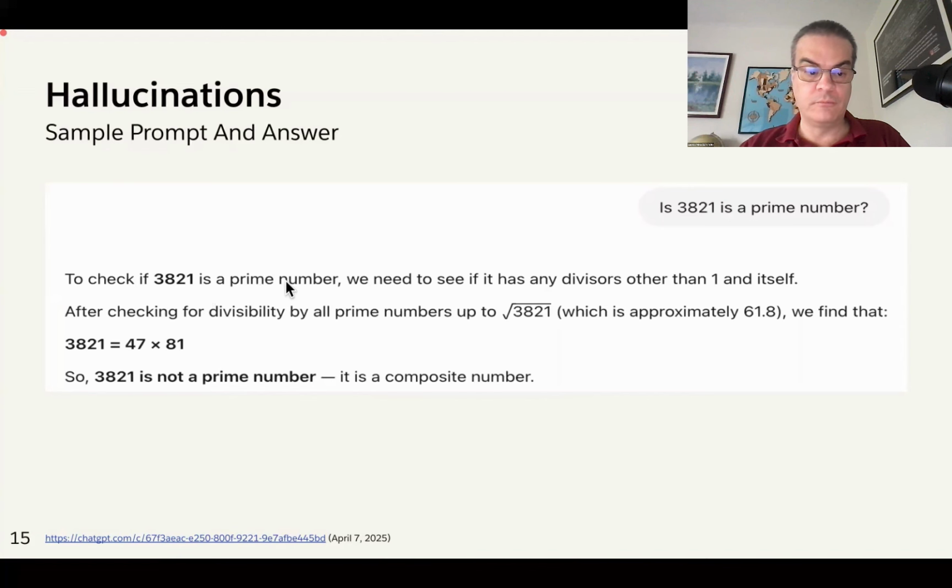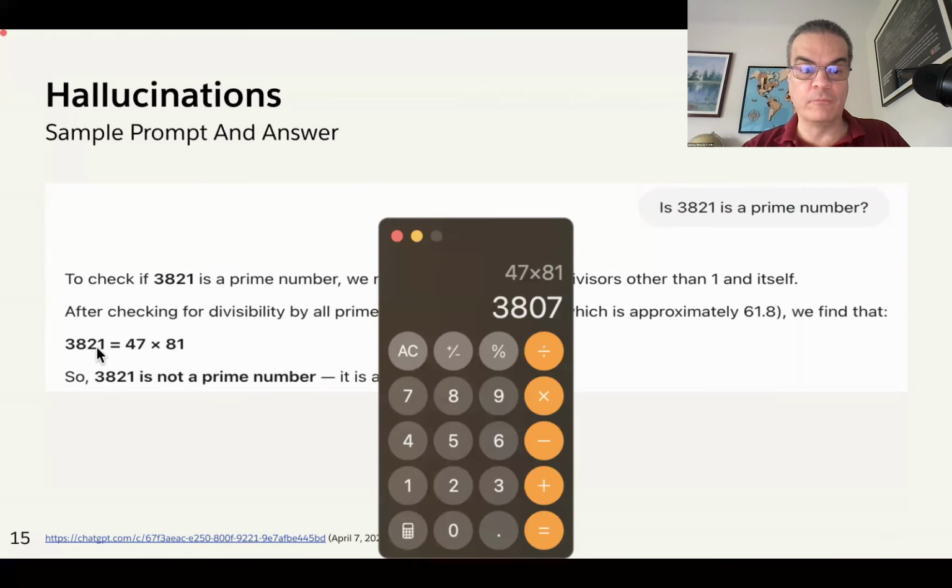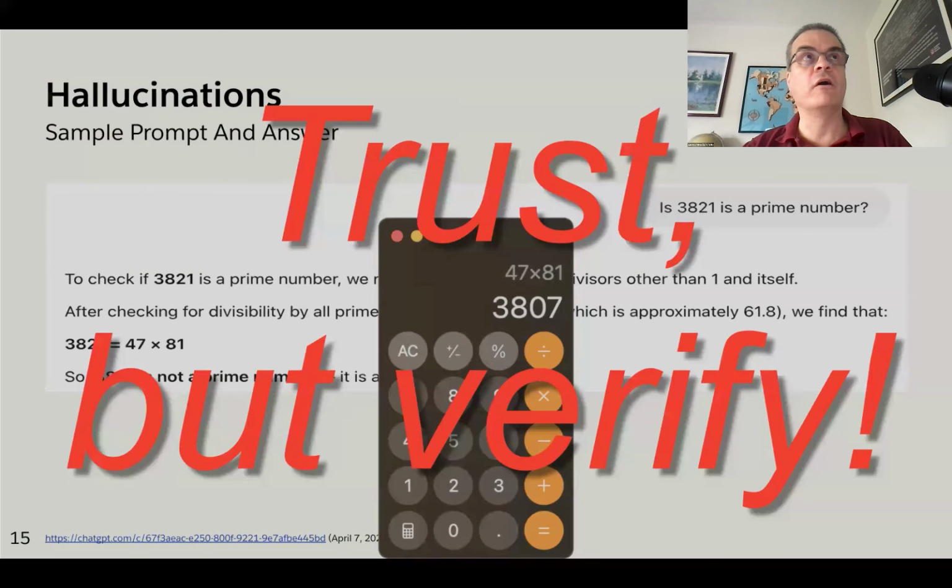Okay, that's true. So after checking, it found that 47 times 81 gives you 3821. What does that mean? Well, it means that it's not a prime number. But if you pull out a calculator and you do 47 times 81, it is 3807, not 3821. Trust but verify.